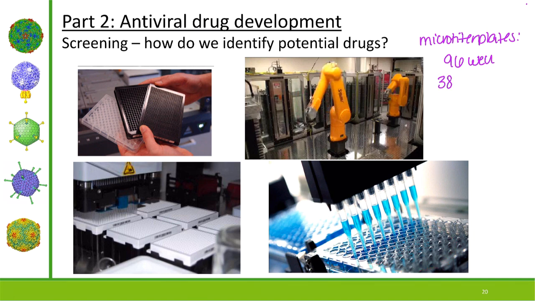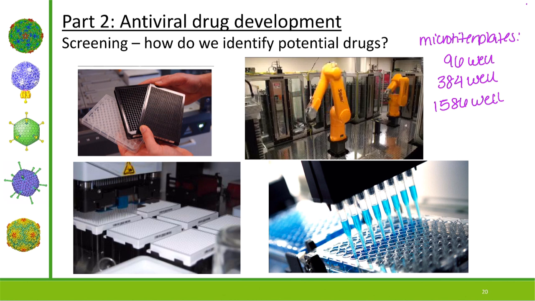You can also have a 384 well plate, which is the largest well plate that I have ever used, and that is shown here in the middle. But you can also go up to a 1,586 well plate, which is the one shown on the top. It is very, very tiny. So I have worked with a robot before.